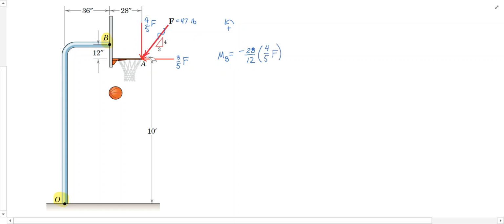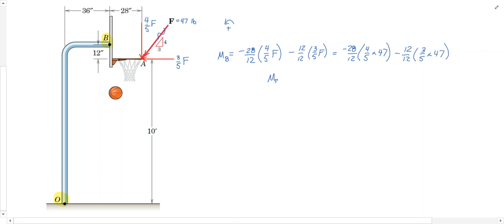The horizontal component, which is 3/5 of F, acts through a 12-inch moment arm to produce a clockwise moment, so also negative: 12 by 12, and then 3/5 of F. And we could substitute here, so 28 over 12 times 4 divided by 5 times a 47-pound force, and then minus 12 by 12 times 3 divided by 5 times a 47-pound force.